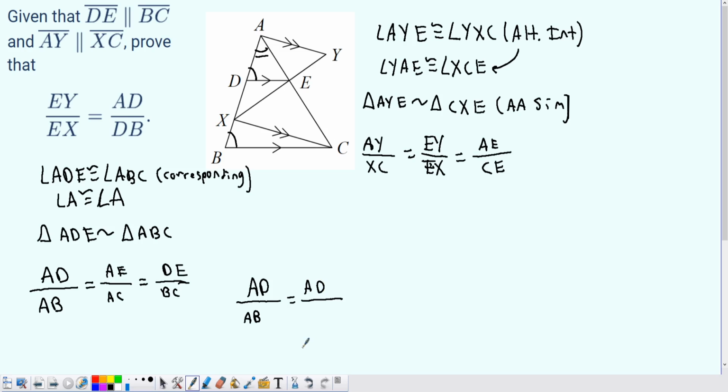AD is going to stay the same, but AB is the same thing as AD plus DB. And now I'm starting to get somewhere. I have AD on my numerator, which I like. That lines up with what I'm trying to prove. And I have a DB in the denominator, just a little something extra.